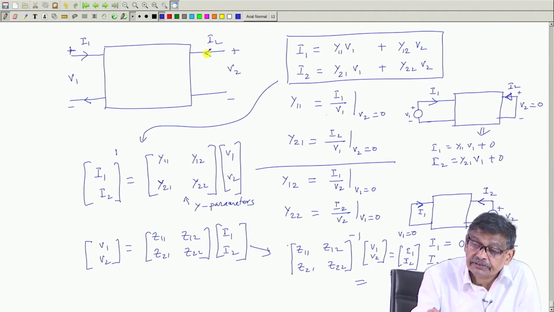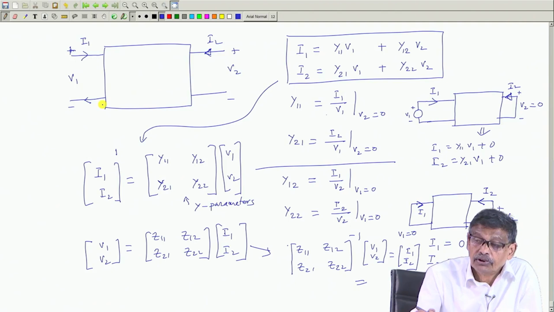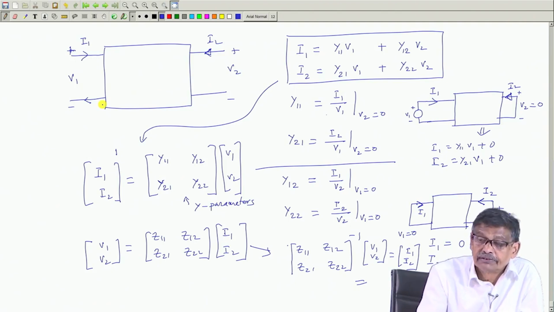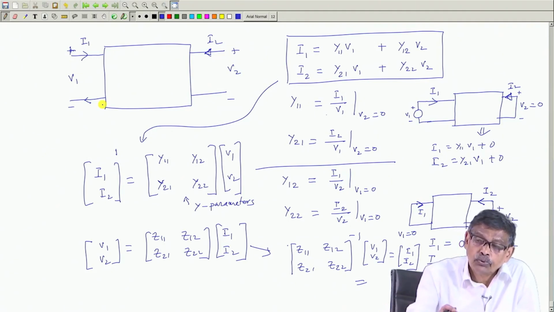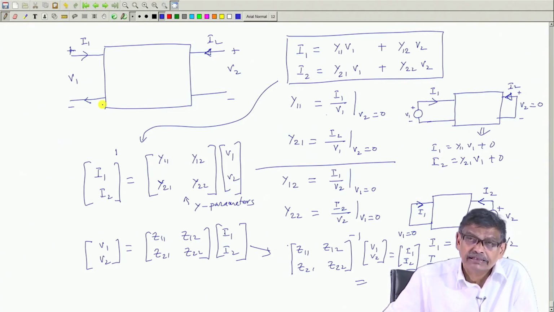I will always stick to these directions of currents and polarity of voltage. And whatever may be inside the 2-port network, there should not be any source, that is for certain, only impedances are present.